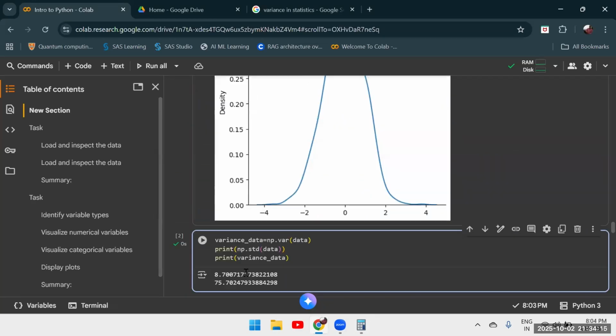So basically this variance will be the square of the standard deviation. Something to understand about variance is that this also helps us gauge the spread of the data from the mean. If there is a high variance, it means the data is spread across.